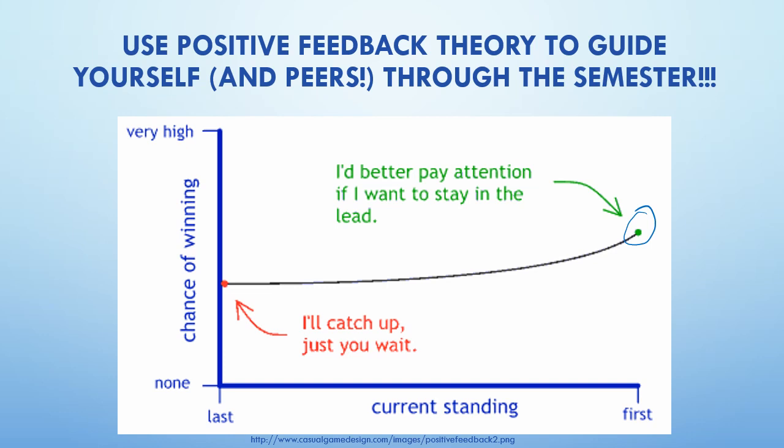As you're potentially in last place, maybe you didn't do so well on your first exam, you start to pay attention more, you start to do more work, and your grade starts to come up, and slowly you start to creep towards that first place in the class. That helps you guide yourself: I need to do this in order to improve my grade. I need to do that in order to improve my grade. You make those changes and adjustments until you're up towards that first place within the class, or up to your A grade that you're looking for.